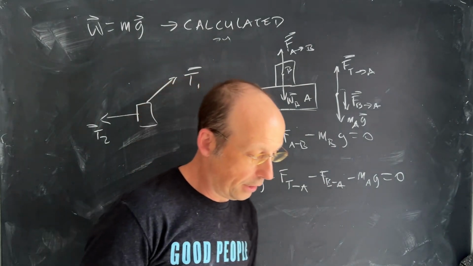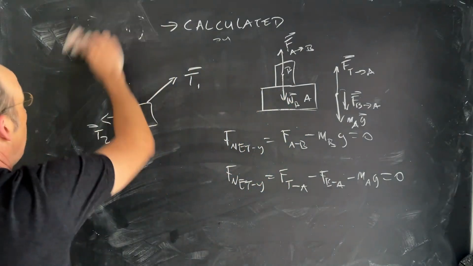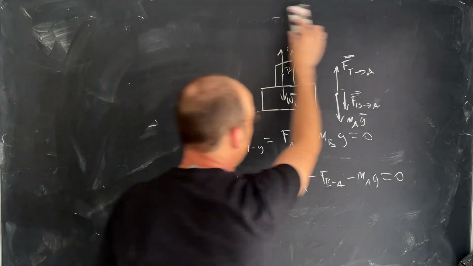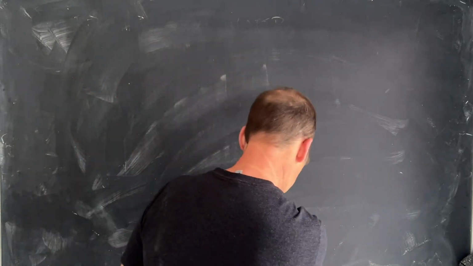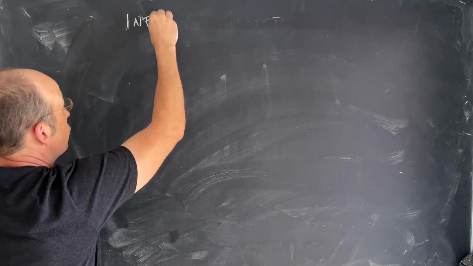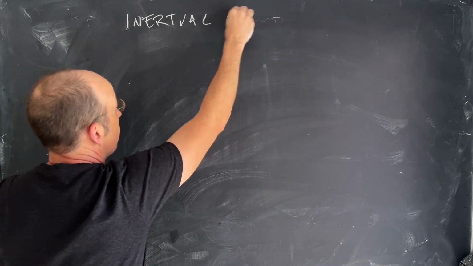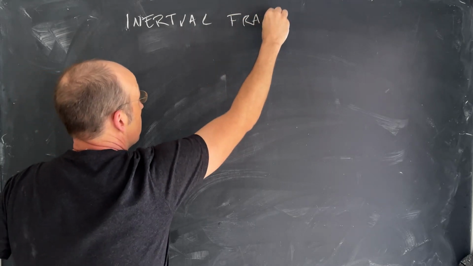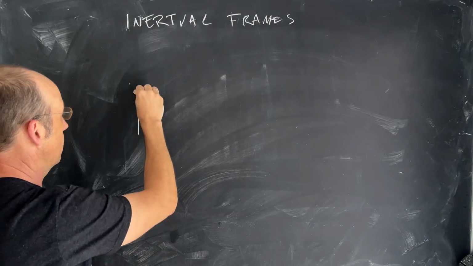Okay, moving along here. Inertial frames. This one's complicated. It's a cautionary tale. So we would like to use what we call inertial reference frames. Let me show you a non-inertial reference frame.